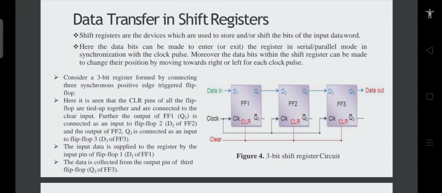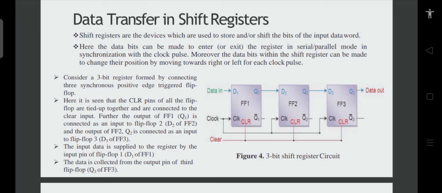So in the previous case it was parallel input, so all the flip flops were getting the input separately. When the output of the first flip flop becomes the input for the second flip flop, then it is called serial. So in shift registers, the data can be transferred serially or parallelly, and we can also input the data in either serial or parallel form.